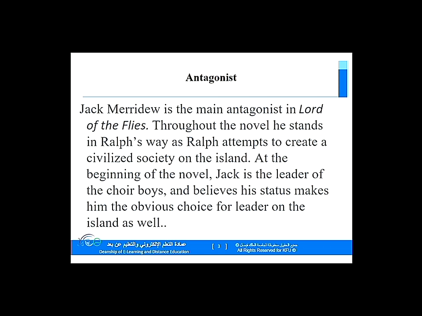Jack is the antagonist. He's opposed to Ralph. So throughout the novel, Jack stands in Ralph's way as Ralph attempts to create a civilized society on the island. At the beginning of the novel, Jack is the leader of the choir boys and believes his status makes him the obvious choice for leader on the island as well.